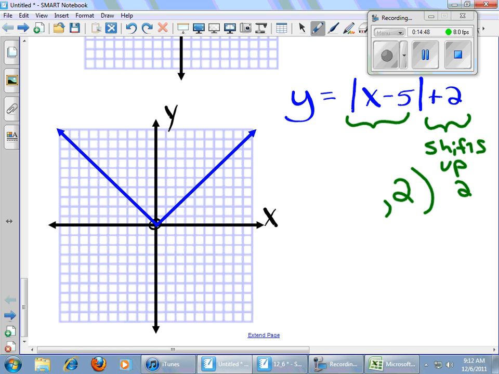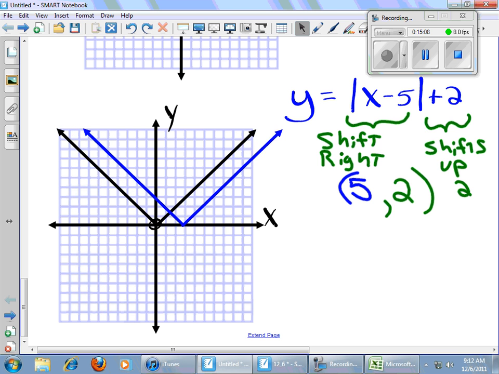This one here will shift my vertex right. Why is it right? Because for the ones inside the absolute value, you do the opposite sign. So I need to shift right 5 units. The new vertex will end up being 1, 2, 3, 4, 5, 1, 2. And there's the picture.